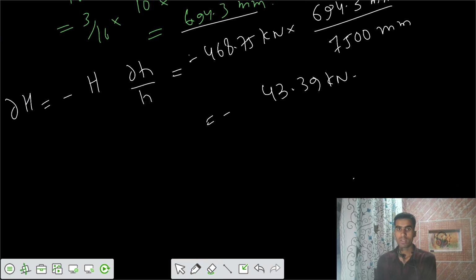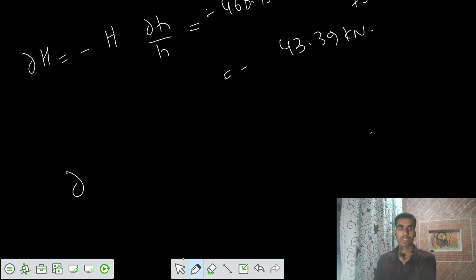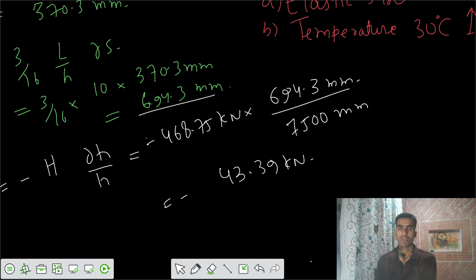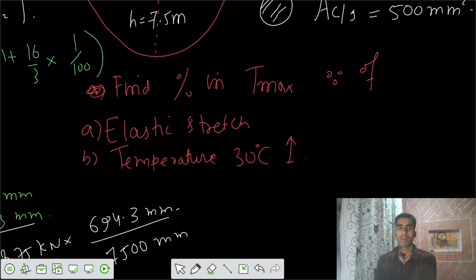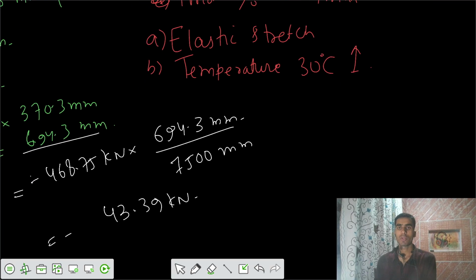And because of this one, can you get the change in tension? ∂Tmax equals... Now we need this equation. We have to get a percentage with respect to Tmax.